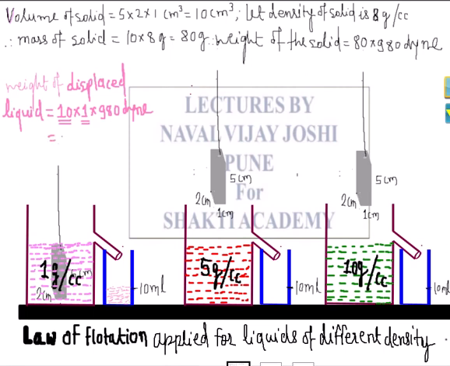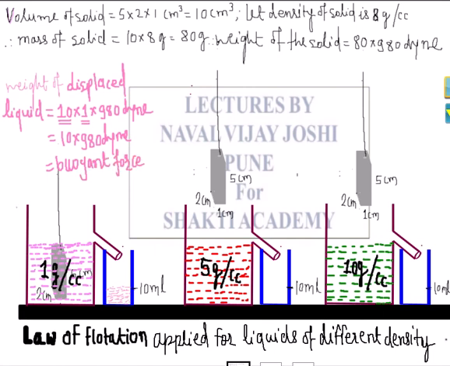So see here, 10 into 980 dyne; easily you can compare it with the weight of the solid. Weight of the solid is how much? 80 into 980 dyne, and here weight of the displaced liquid is how much? 10 into 980 dyne. So this works as buoyant force.